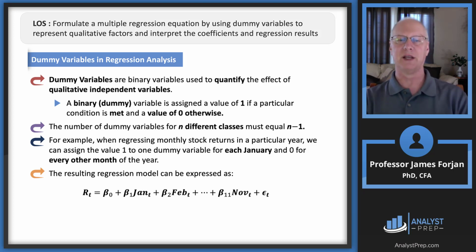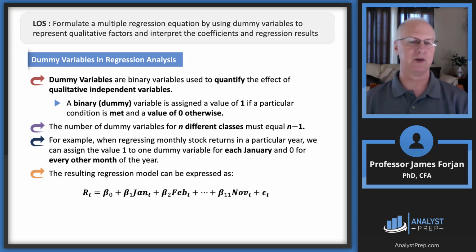And the standard inside of the CFA Institute model is to include an intercept term and exclude the December return, because that intercept term will then capture the last one. So you could do it by saying there is no intercept, and then you would have a B12 for December, but the convention, and this is the way I learned it, is just to let the intercept term account for that December model.